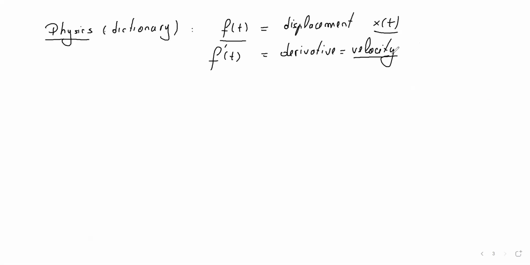So the derivative in physics, folks, is velocity, and the initial function is displacement. Velocity is denoted like this, x prime of t, but it's also denoted like this, v of t, v from velocity. And finally, f prime prime of t is called the second derivative in math.